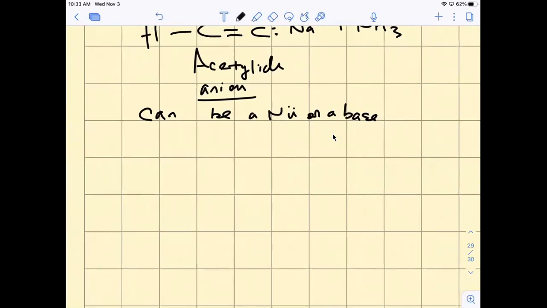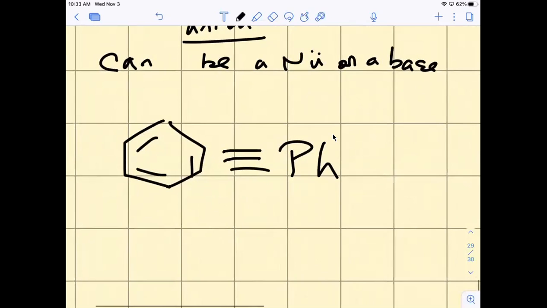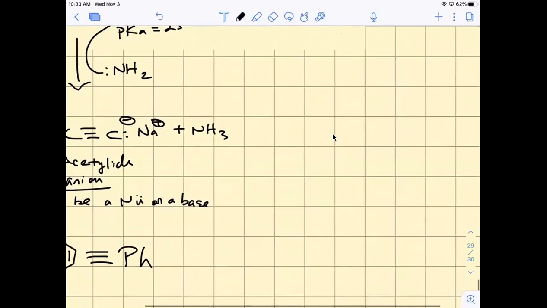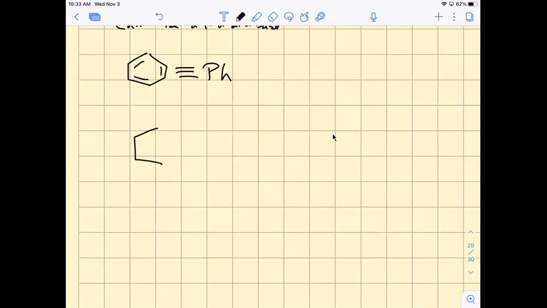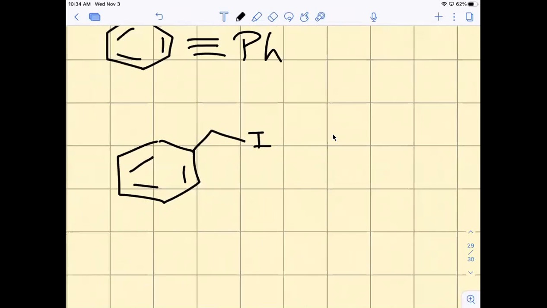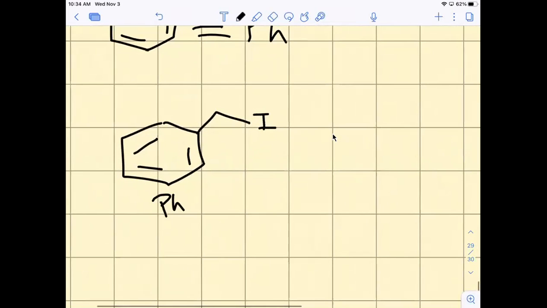So let me draw that out. Ph is an abbreviation for, remember our functional groups, this is an aromatic. Whenever you see Ph, that's an abbreviation for the aromatic ring. So that reactant looks like this. So I'm just going to draw it down here. All right, so this is Ph, and then this is CH2, because this vertex right here is a CH2.